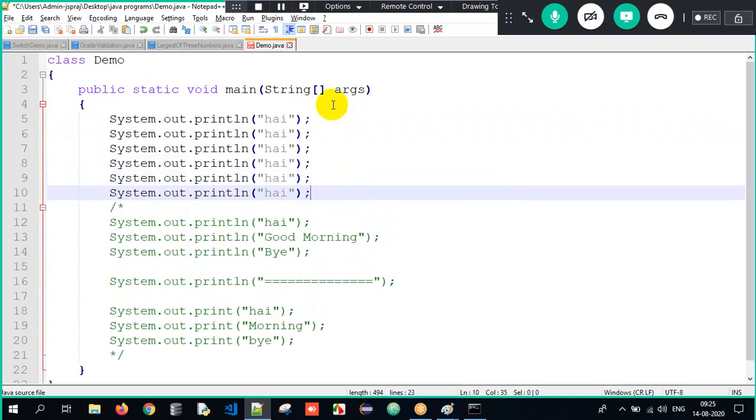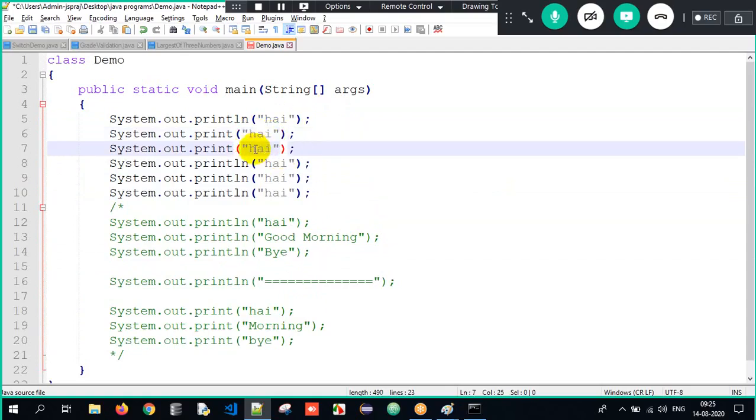I'm just trying to print this entire data. See, hi, then print. I'll write it as bye plus 10.